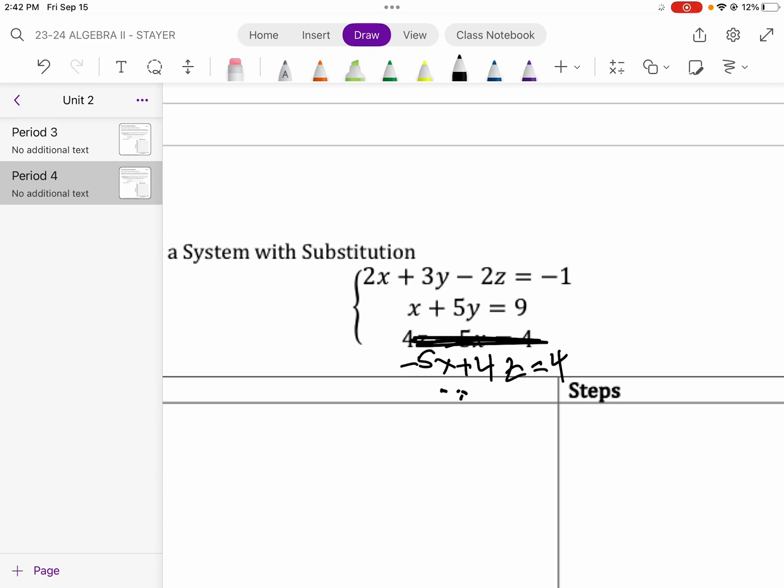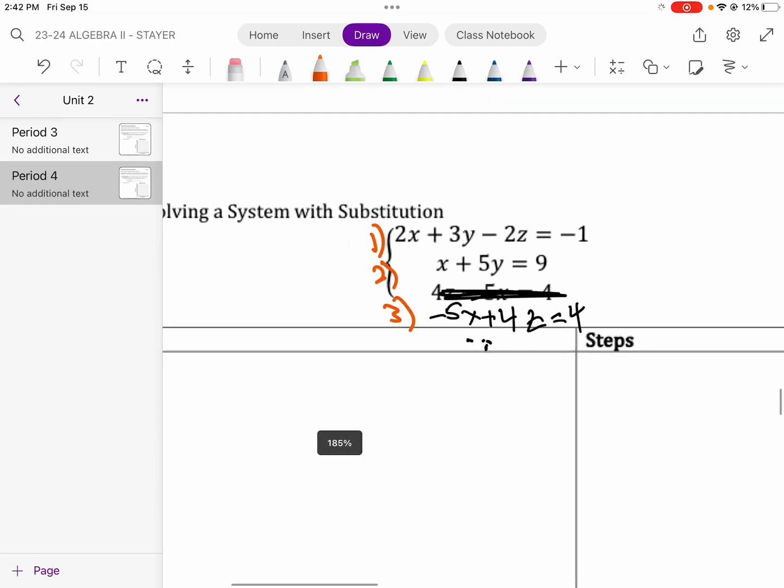If I try to eliminate the z's on the first and the third, it might make this problem not as long and not as many steps.